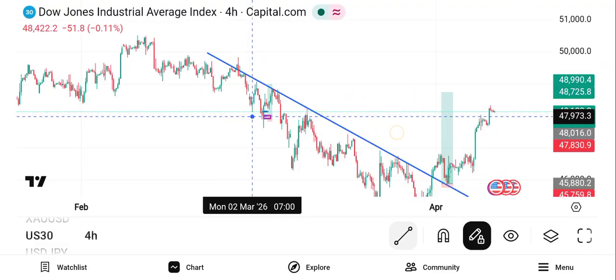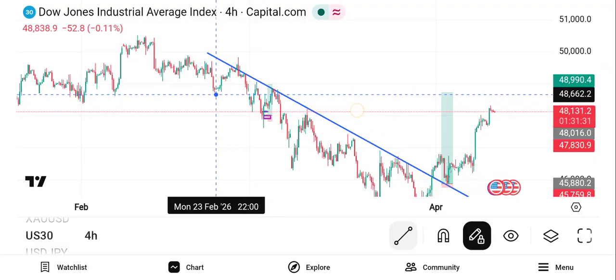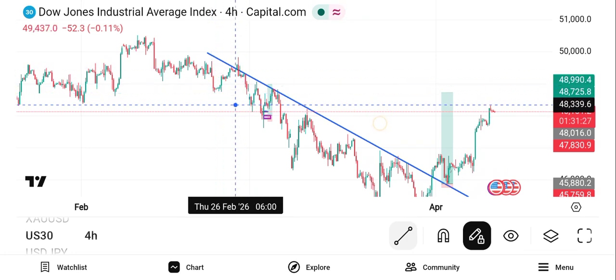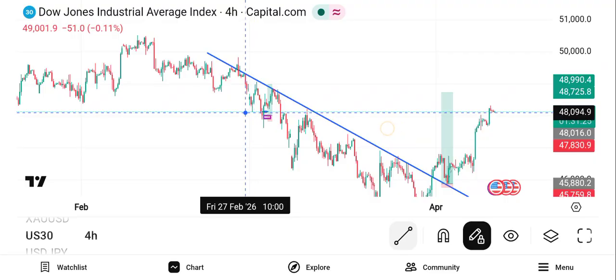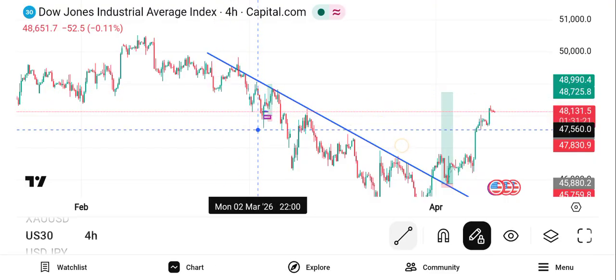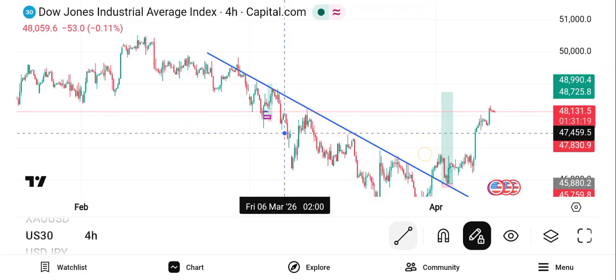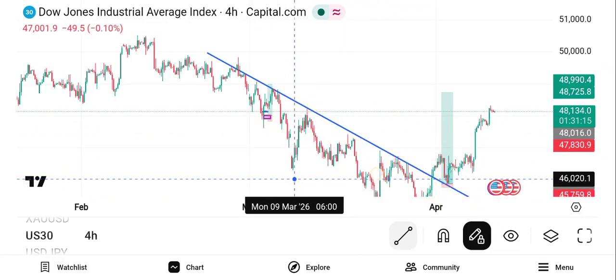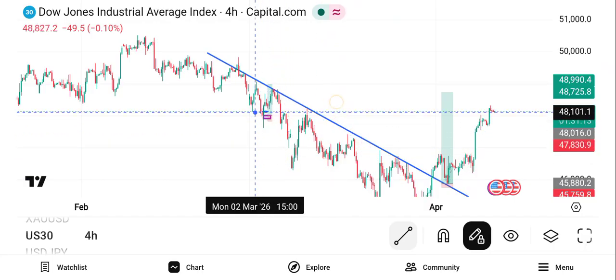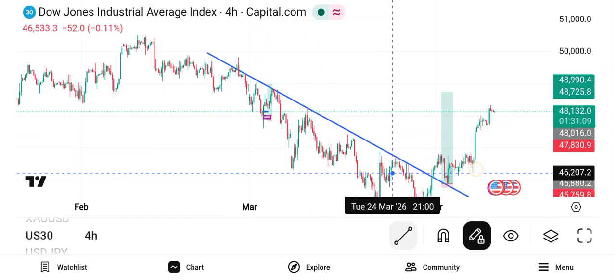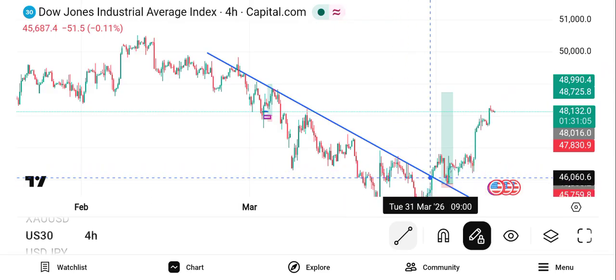That is how we know that market is in a downtrend. You can see this current low here is lower than the previous one, this one is lower than the previous one, and this one as well. That is how we know that the trend will still continue. This is how I was able to spot this buy.